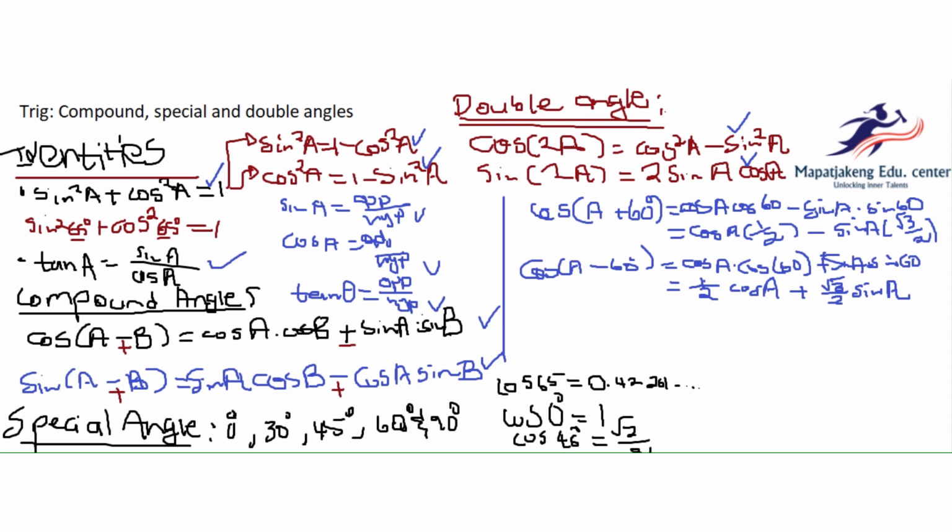Let's say now that, let me change color, they want us to solve cos(A + 60) plus cos(A - 60).